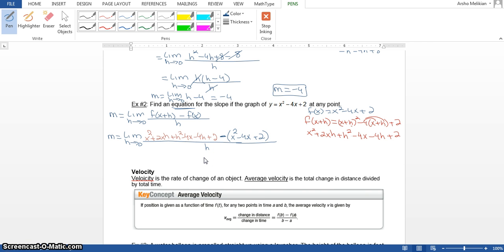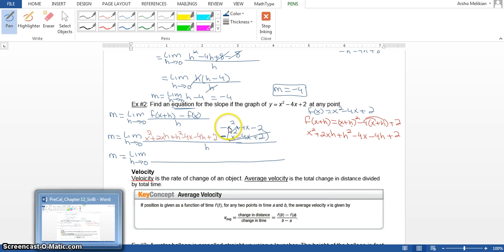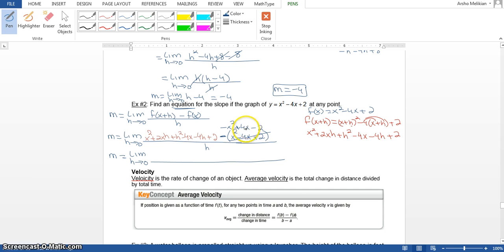Right. So now we need to do some algebra here. M is equal to the limit as h approaches 0 of, let's see, this is going to be negative x squared plus 4x minus 2. So x squared minus x squared goes away.